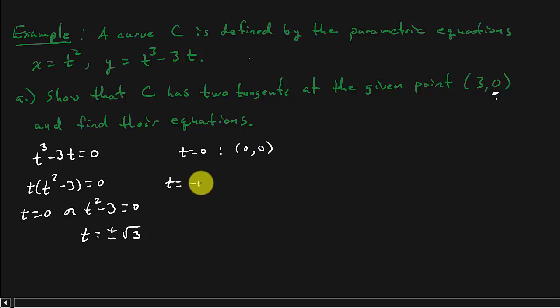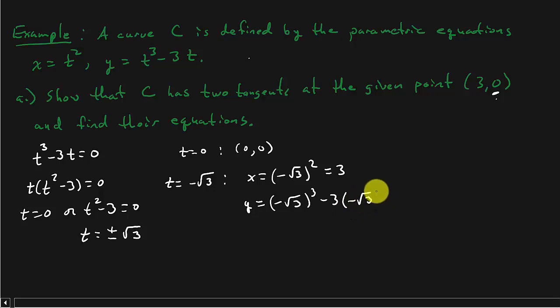But look at this. When t is equal to negative square root of 3, that gives us x equals negative square root of 3 squared, which is 3, and y equals negative square root of 3 cubed minus 3 times negative square root of 3.